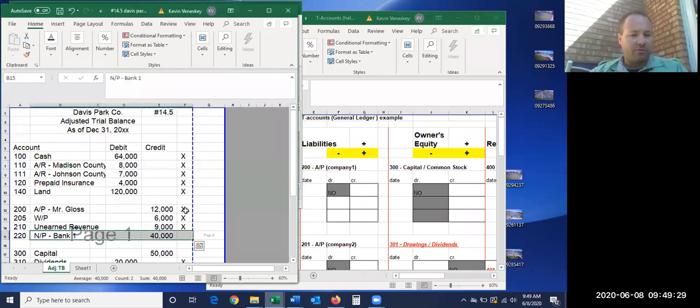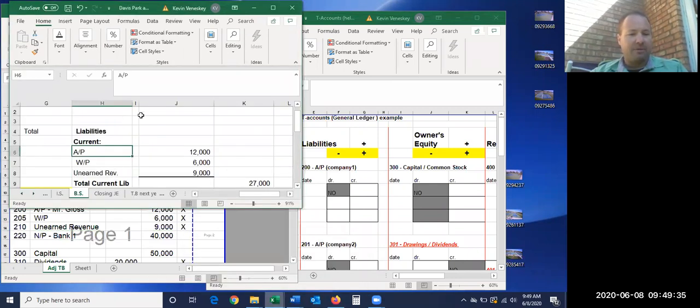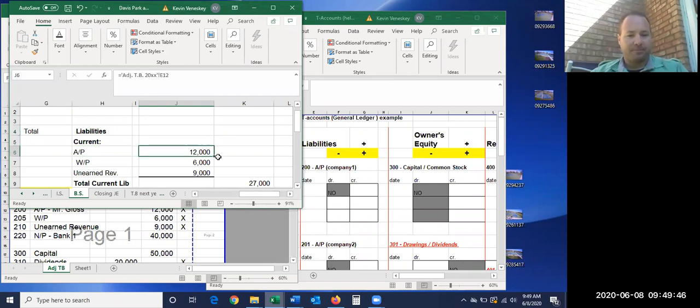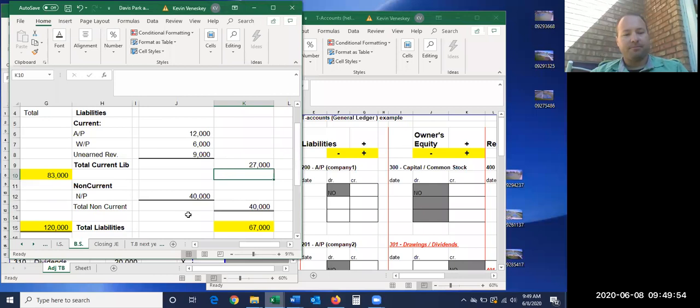Again, I was just going through and putting X's here and now putting into my liabilities. Having a subtotal and a total column again. And then putting in my non-current, my note payable.